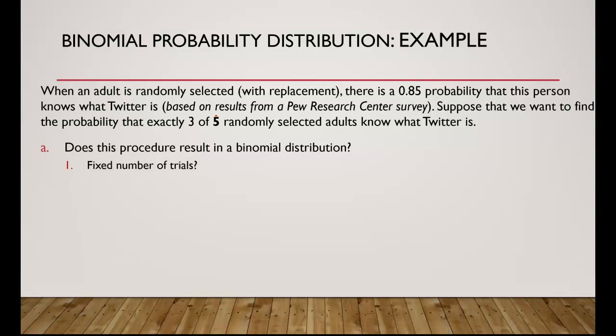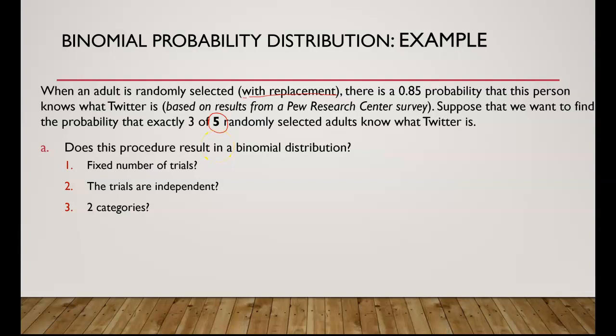The first requirement is that the procedure needs to have a fixed number of trials. The number of trials is 5 because we asked 5 randomly selected adults. The trials need to be independent. They are independent because the procedure is done with replacement. Third, does this procedure have two categories? Yes.